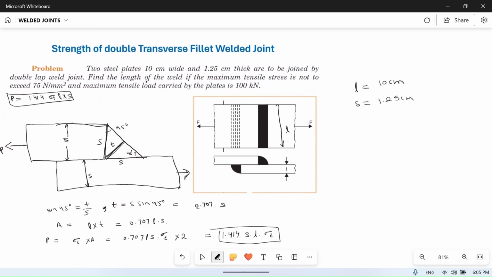Find the length of the weld if the maximum tensile stress sigma T is not to exceed 75 Newton per mm square. The maximum tensile load carried by the plate is 100 kilonewton, so P is 100 kilonewton. Everything here is in mm, so we have to convert: L is 10 centimeter, which is 100 mm, and S is 12.5 mm.